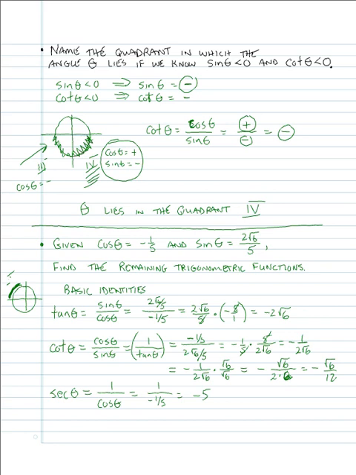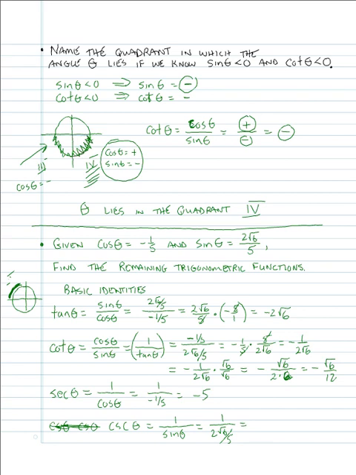And the cosecant of theta, that's our last one. Cosecant of theta. I guess I just don't want to do this one, huh? Cosecant of theta. Well, we have to remember cosecant of theta is 1 over sine of theta. And once we recognize that, then we can replace the sine of theta in the denominator with 2 root 6 divided by 5.